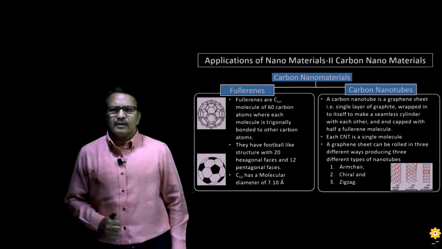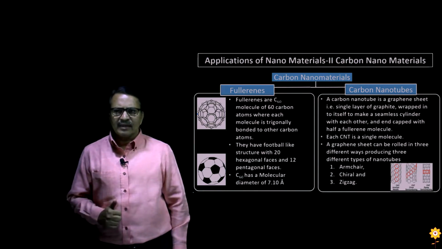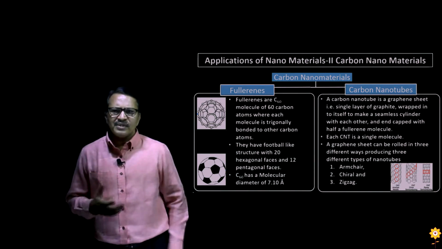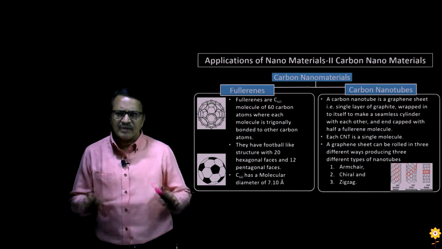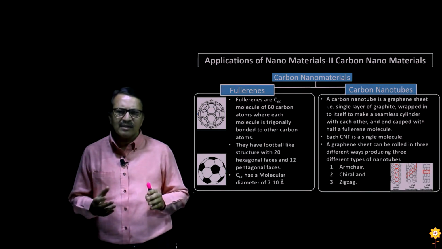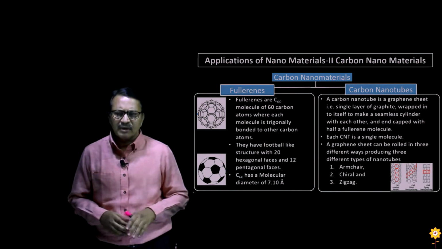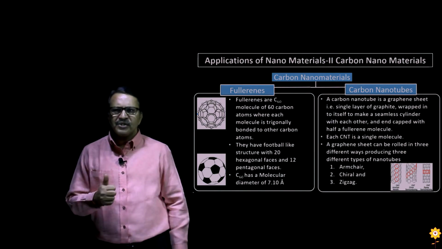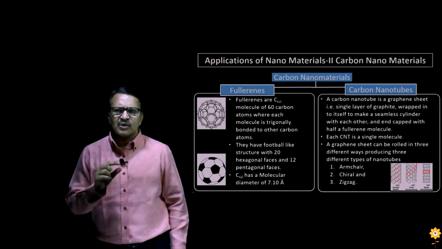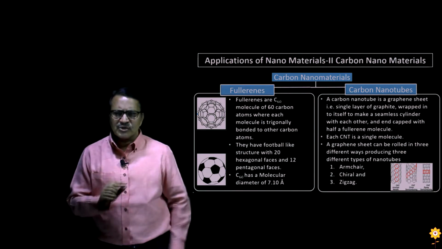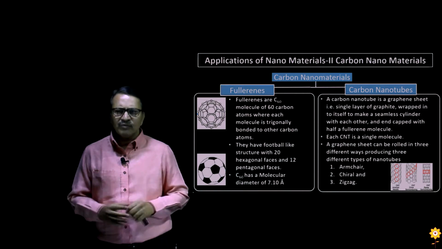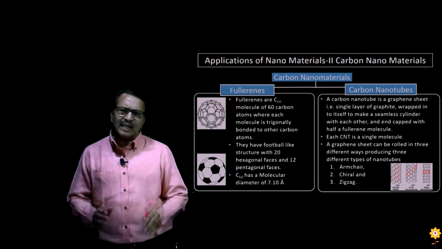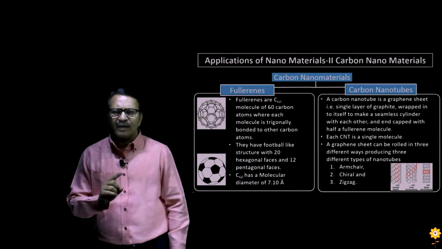The second allotrope of carbon nanomaterials is the carbon nanotube. A carbon nanotube is basically a sheet of graphene, or one can say a single sheet of graphite called graphene, which is rolled into itself. Such a tube is called a carbon nanotube, but there are some additions to this. On either side of this tube, there are half C60 molecules, and this entire assembly makes one carbon tube.